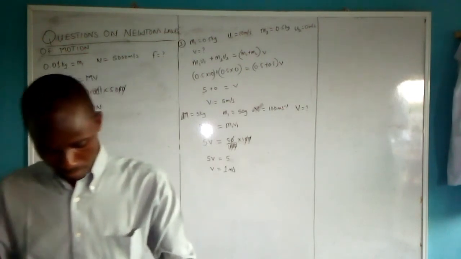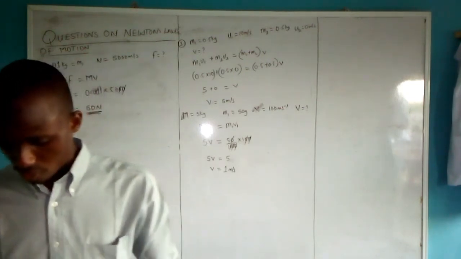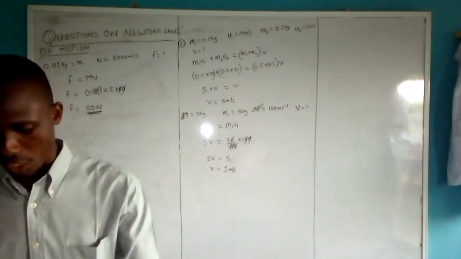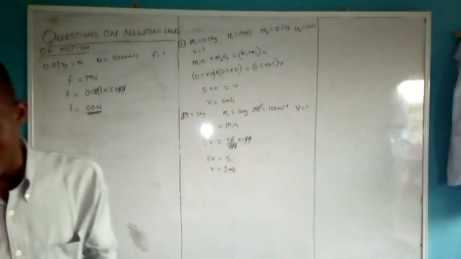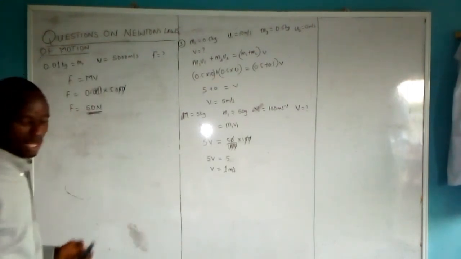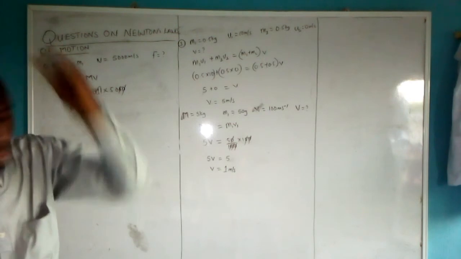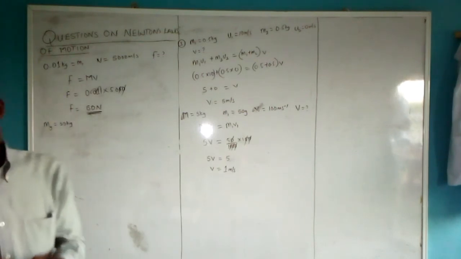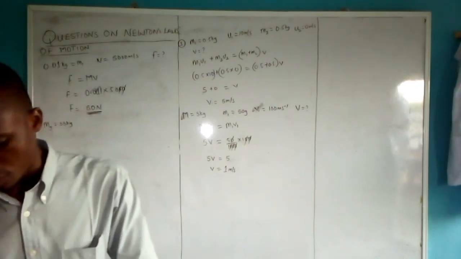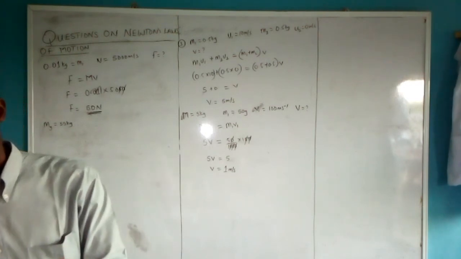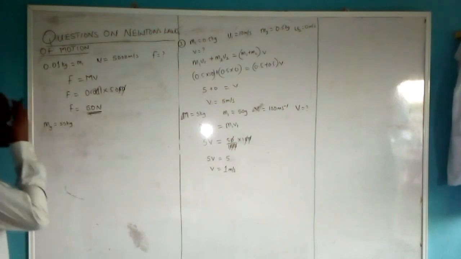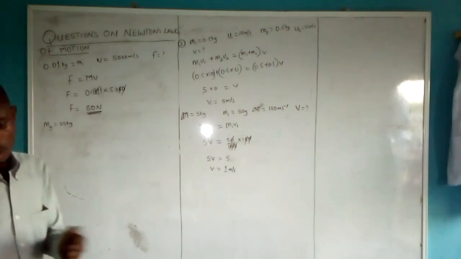Now let's look at another question. A girl whose mass is 55 kg stands on a spring weighing machine inside the lift.